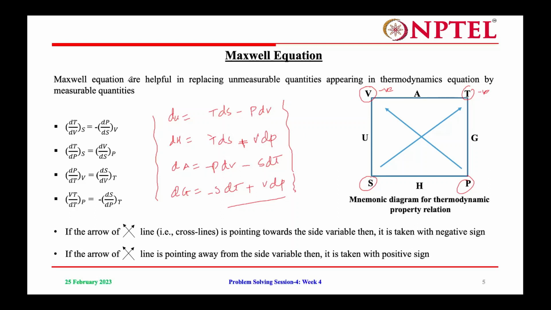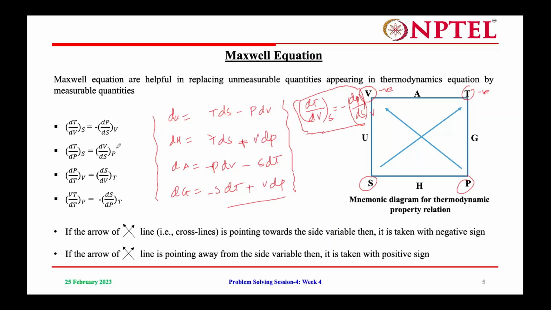Yes, sir. Now use the exact differential equations. So for that, dT divided by dV at constant entropy is equal to minus dP divided by dS at constant volume, right? This is the relationship based on the internal energy.